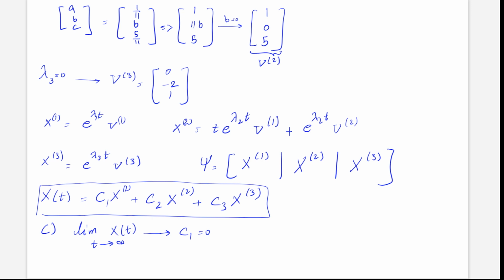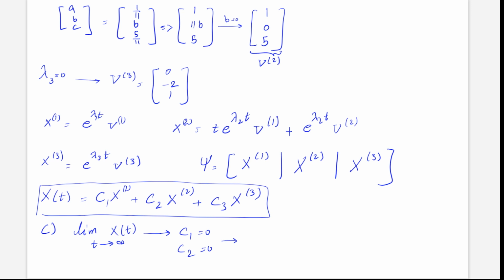And also, c2 should be equal to 0, because again, if you find these values, which I found here, and put them in this expression, then these two constants should be 0, because then the expression will go to 0, but c3 does not necessarily need to be anything.